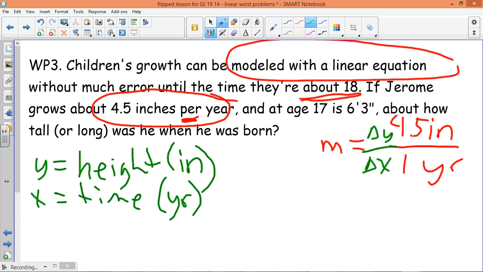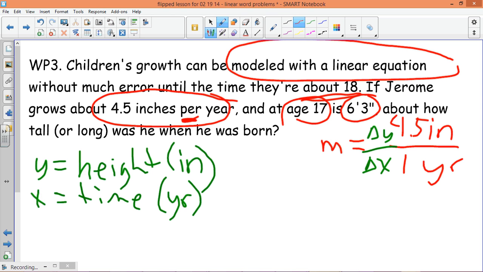So now, if Jerome grows about 4.5 inches per year, and at age 17 is 6'3", about how tall or long, and when you're talking about babies, sometimes they talk about how long a baby is because they don't stand up a lot, how long or tall was he when he was born?